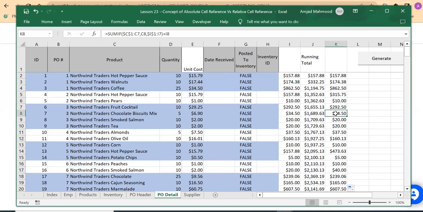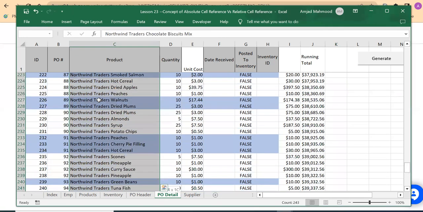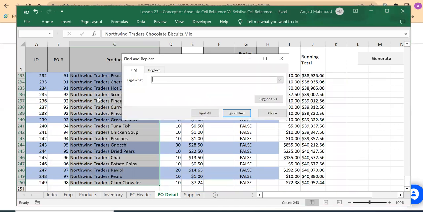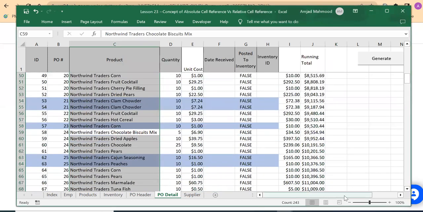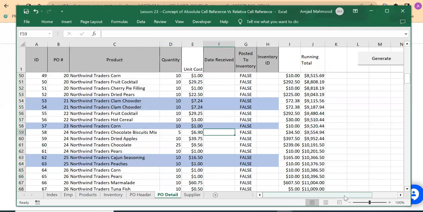And 34 is 34. So let's find out where it is located in the next occurrence, and see Control F, Control V, it will take you here. So 34 were before, and this time again 34, right?